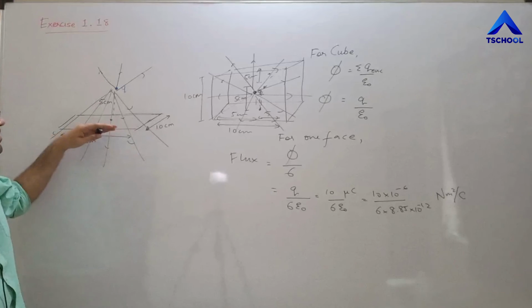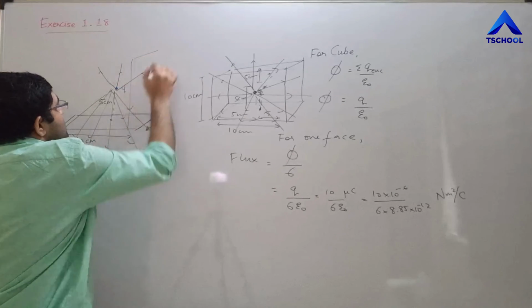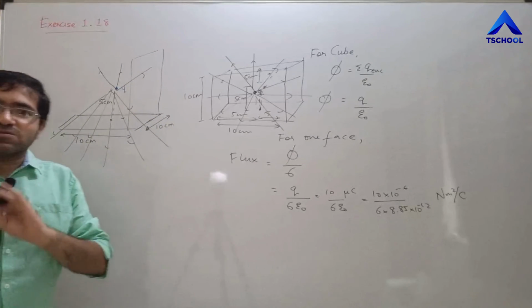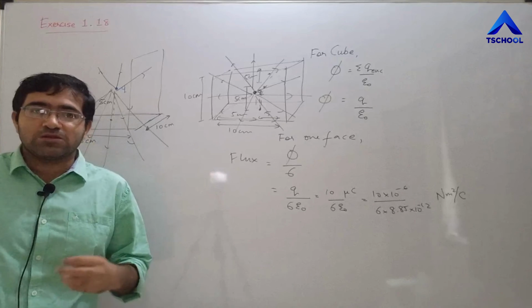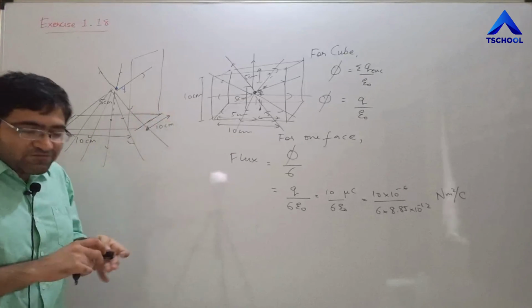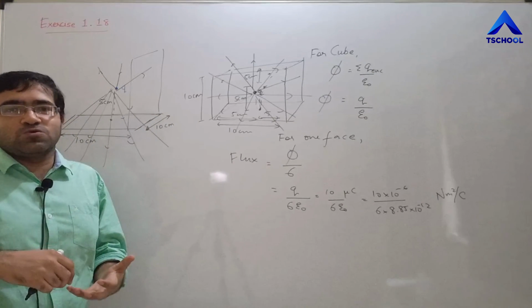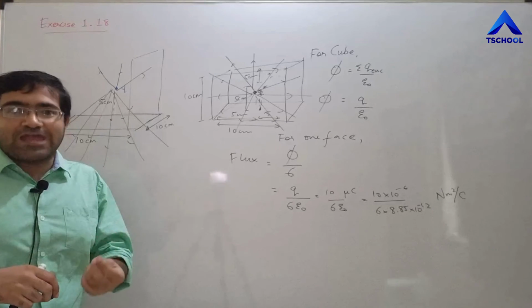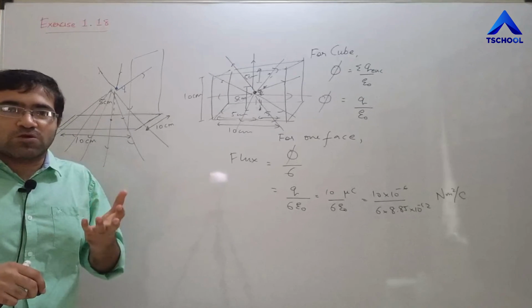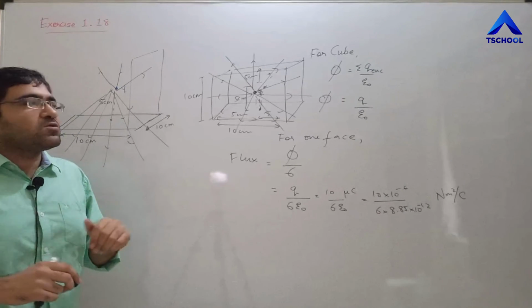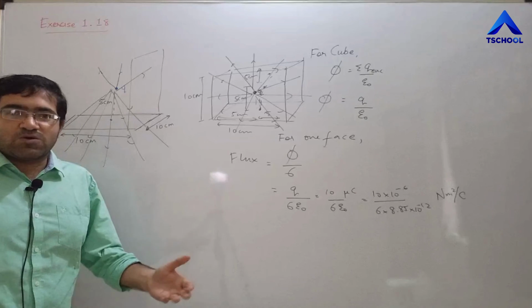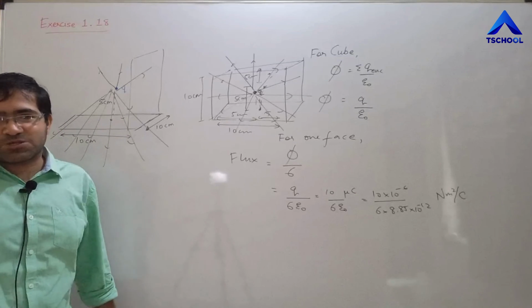So whether this square was here or over here, it wouldn't really matter. It would still give you the same answer. Here we have imagined a cube. You can take an imaginary surface with Gauss law, it's no problem. So that's it about this exercise question.